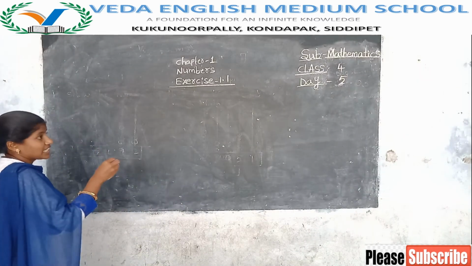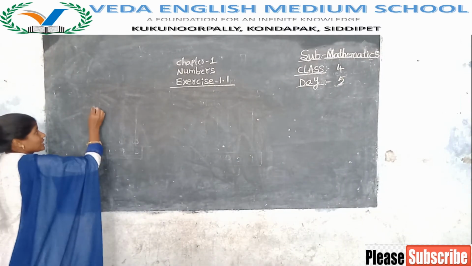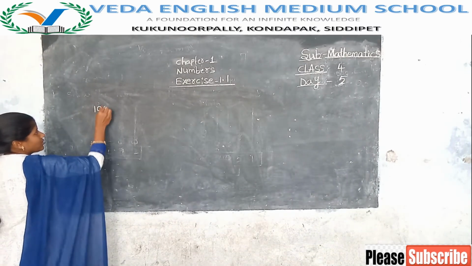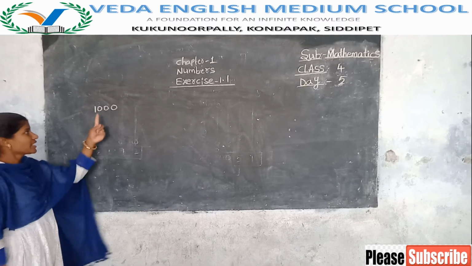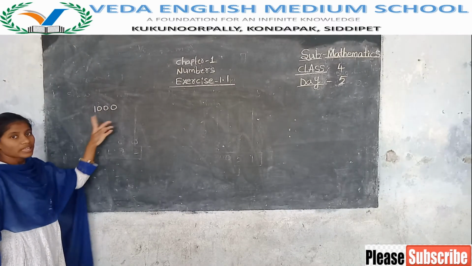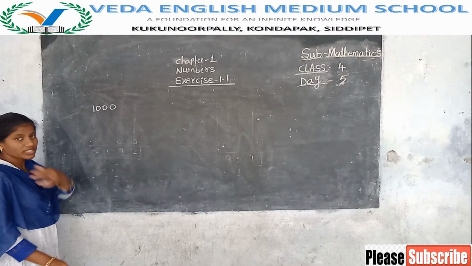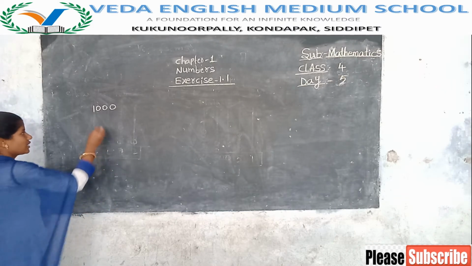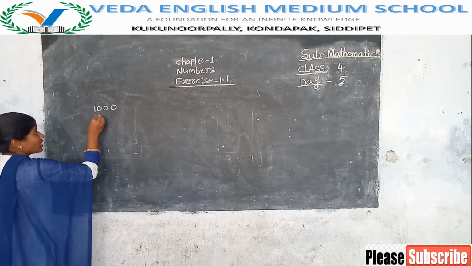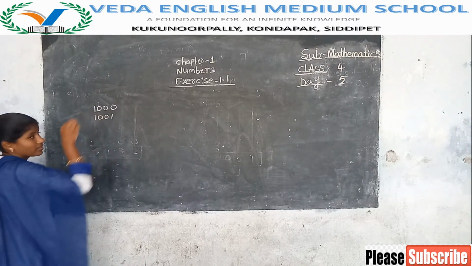Then in class 3 we have learnt about 1000. How to write 1001? 1001.